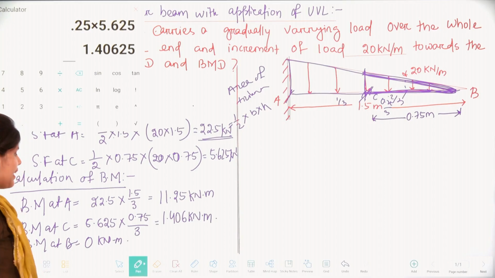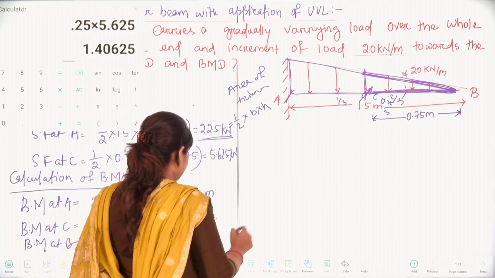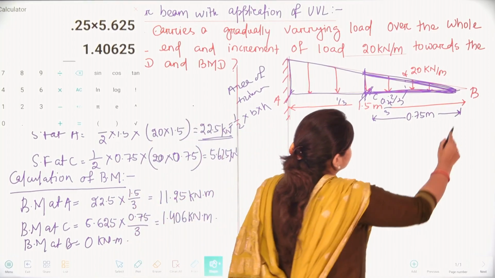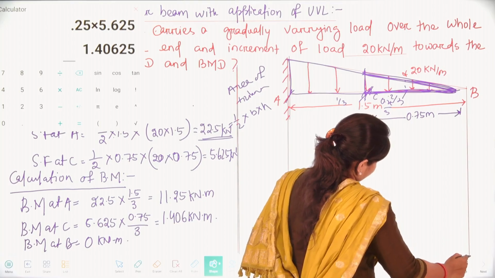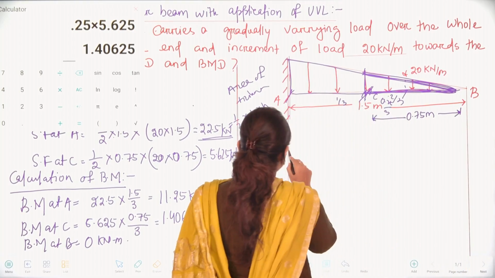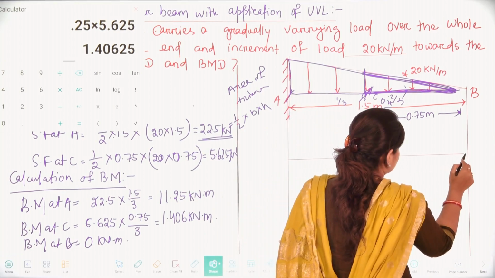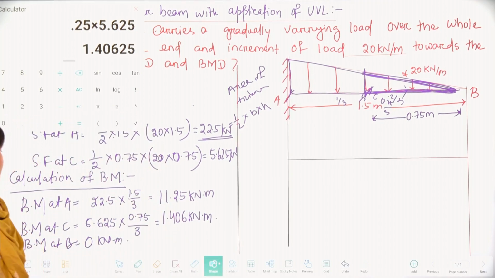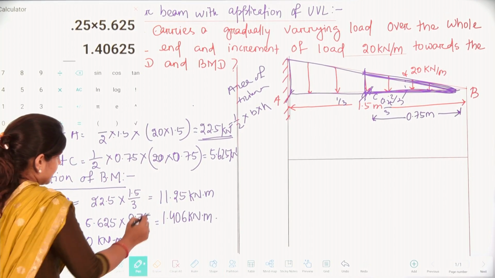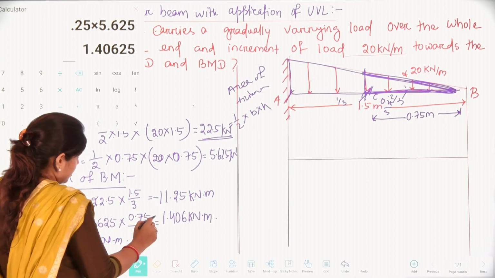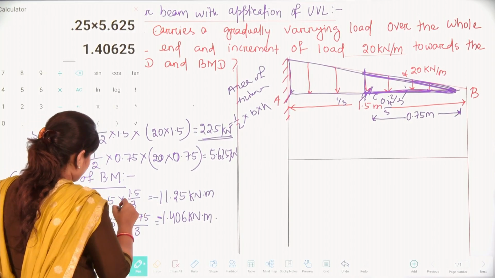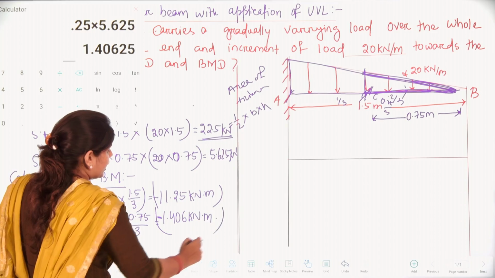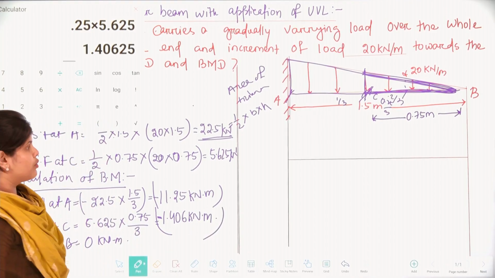So let's draw the shear force diagram. You need to remember we have the bending moment in negative sign, as the load is in the downward direction, so we will always have negative bending moment values.